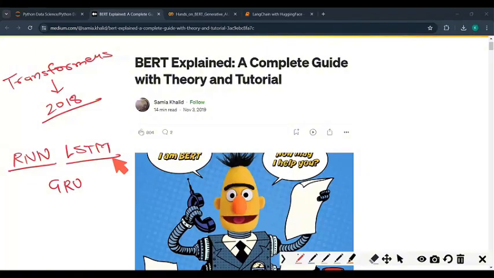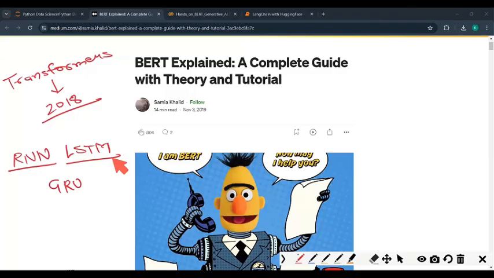But the problem was that RNN and LSTM don't have an infinite reference window. They are not able to remember the entire context of a statement. If I give a paragraph which I have to summarize, or I have to do a question answer kind of thing, they can't remember all the data which I have given.